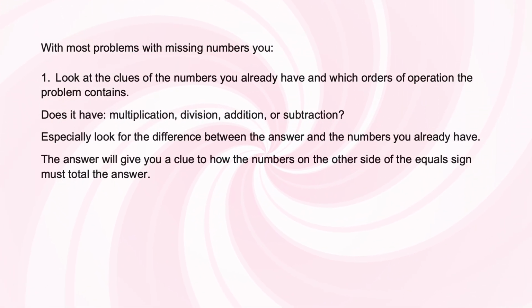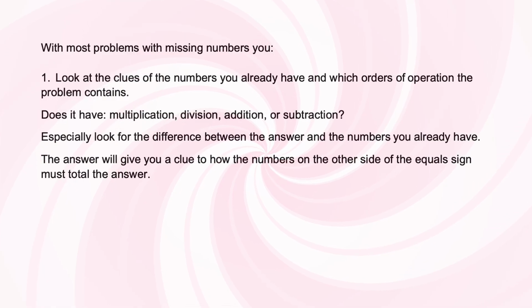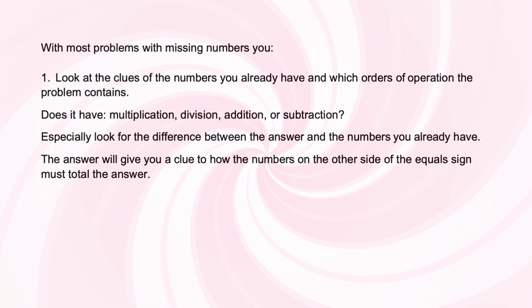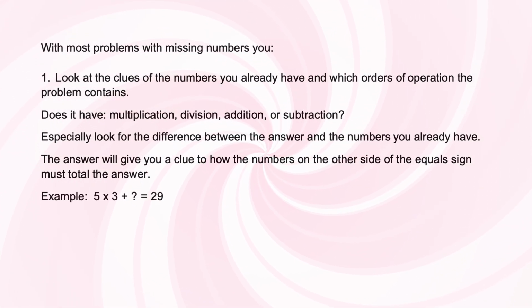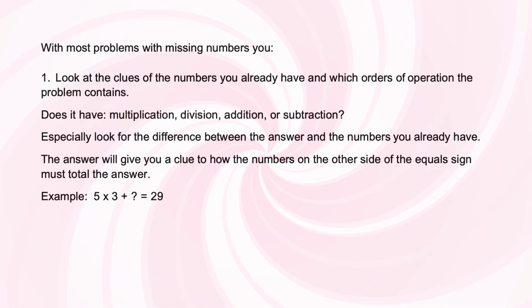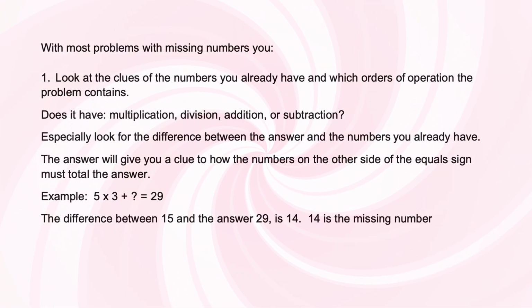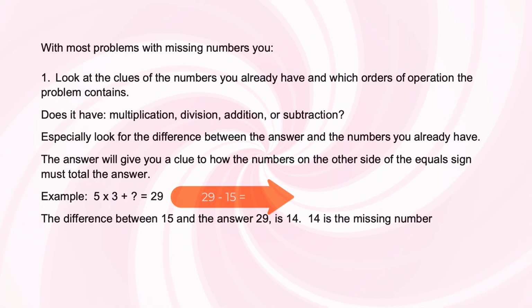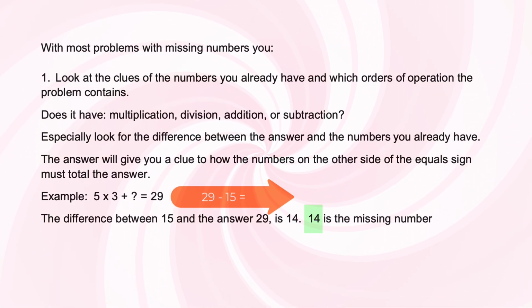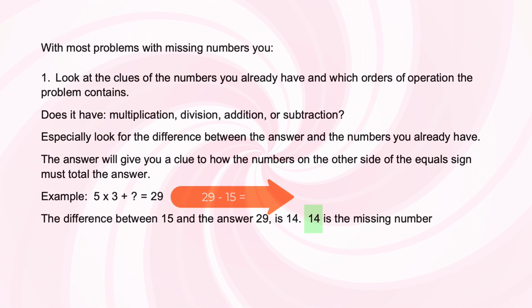The answer will give you a clue to how the numbers on the other side of the equal sign must total the answer. Example: 5 times 3 plus something equals 29. The difference between 15 and the answer 29 is 14. 14 is the missing number.